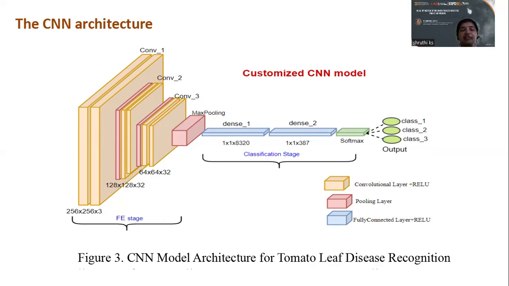Let's consider the feature extraction stage. Here, there are 3 convolutional layers: convolutional 1, convolutional 2, and convolutional 3. These layers are responsible for extraction of the features. For example, convolutional 1 extracts the features from all input images present in the dataset. After that, convolutional 2 extracts finer, detailed features which are comparatively better than convolutional 1.